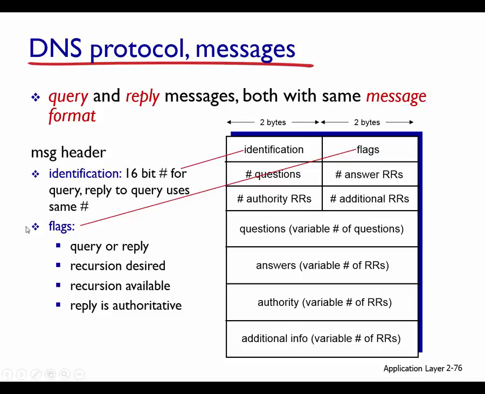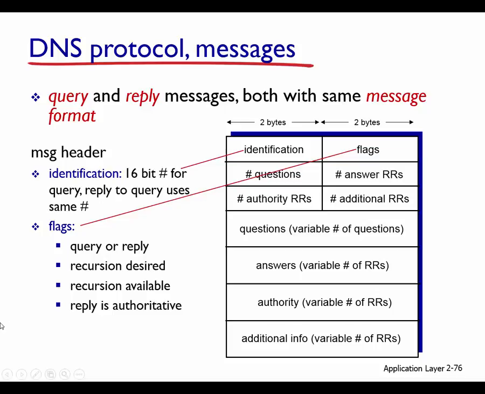So basically, the messages will have a message header, which will have a unique identification number. It is used both for the query, and the reply to the query uses that same identification number, so they can be linked. You have different flags. A flag will determine whether it's a query or a reply to a query.